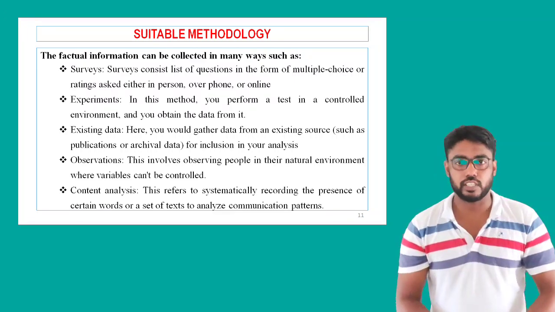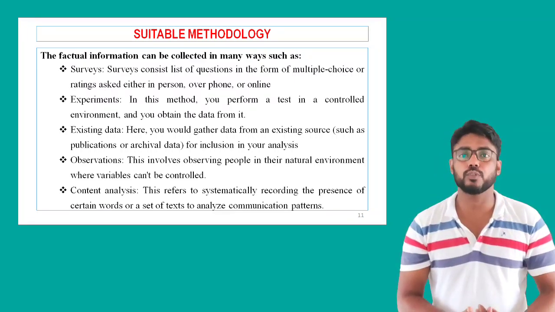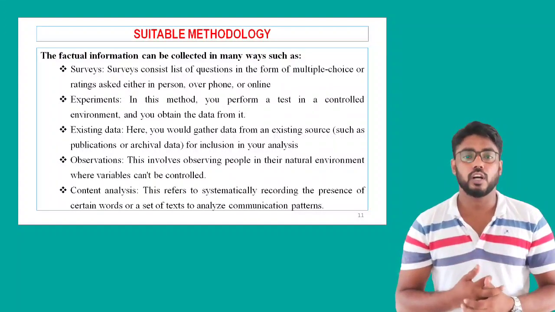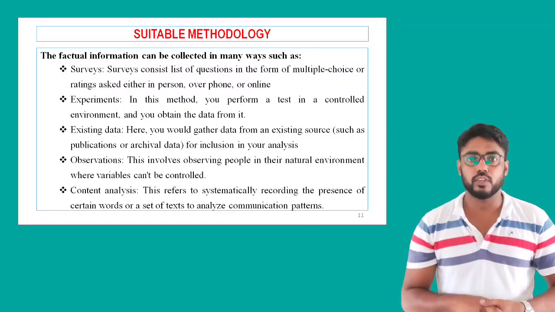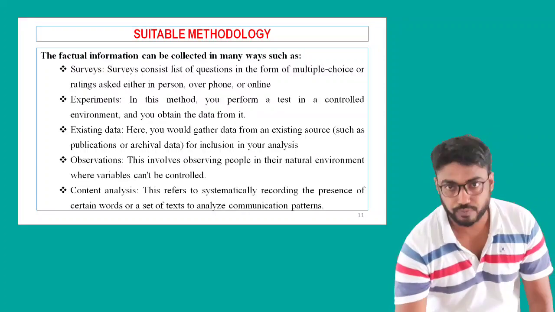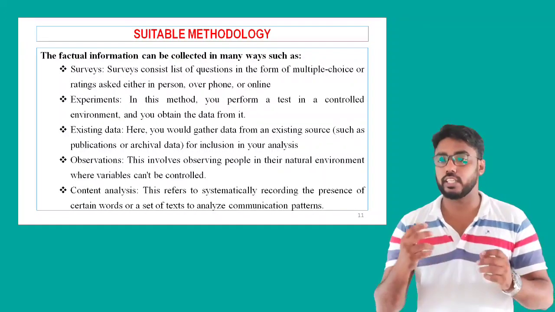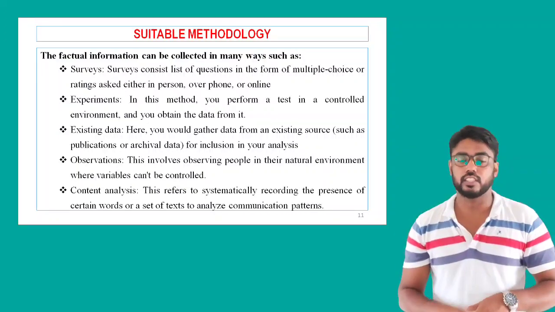Now we can see the different methods or ways that we use to collect factual information for quantitative research methods. First, factual information can be collected in many ways, such as surveys.